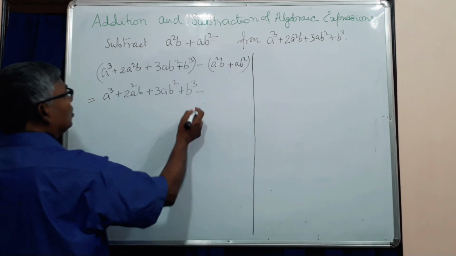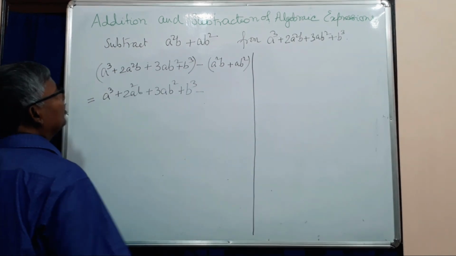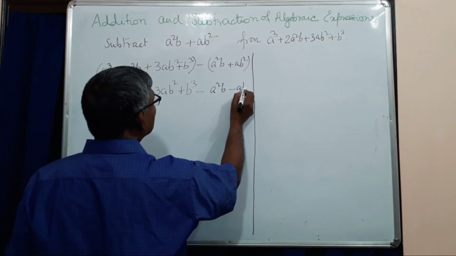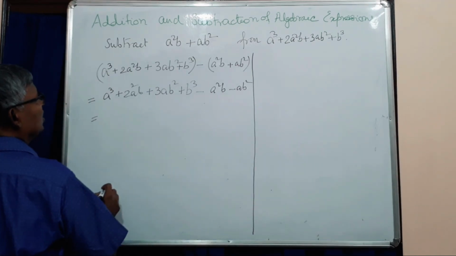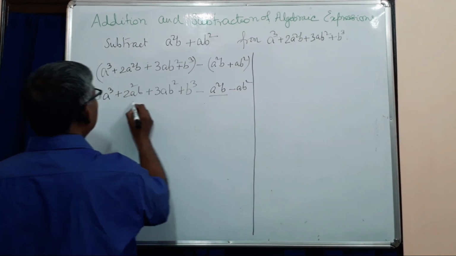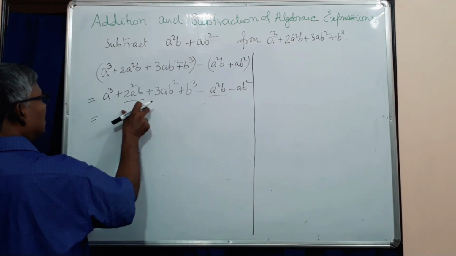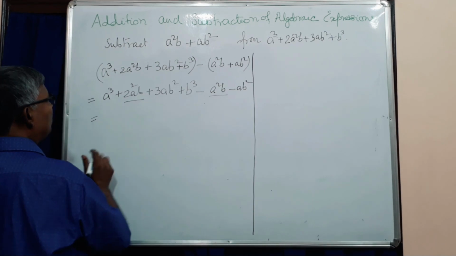So whenever the bracket is open, it will be a square b minus ab square. So here is a square b and here 2a square b. So first take them in a group.